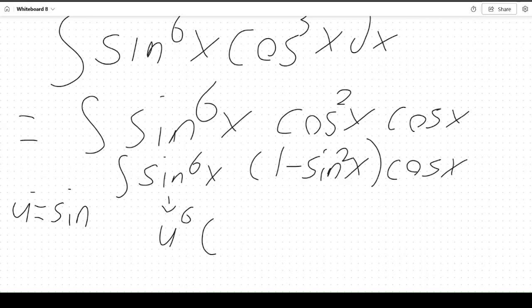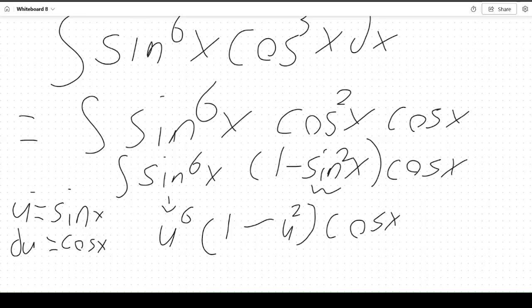Put u as sine, and we have another sine right here, so this can also be u. So this is u squared since it's sine squared. And leave the cosine x here. Also, when we differentiate u equals sine x, the derivative of sine x is cosine x dx.